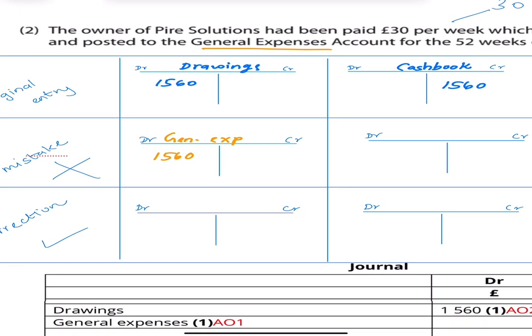However, they haven't made any errors in the cash book. Cash book is correct, credited by 1,560. So no changes will be required in the cash book. However, you have to add in drawings account, remove it from general expense account.